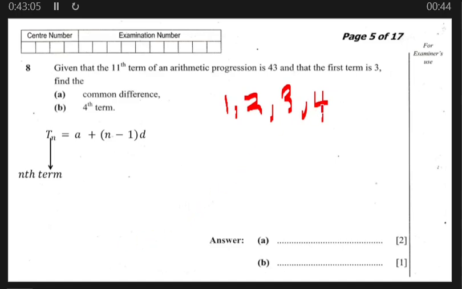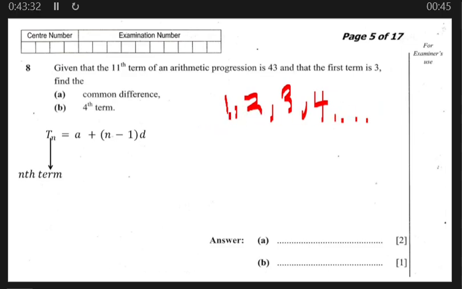So an arithmetic progression is represented by this formula here. So when we say the nth term here, it is these terms here which we have here. They are called nth term. So sometimes they can say, find the value of the fifth term.